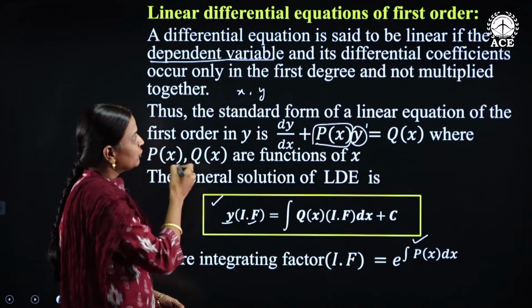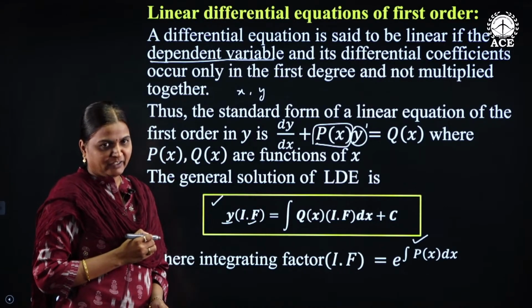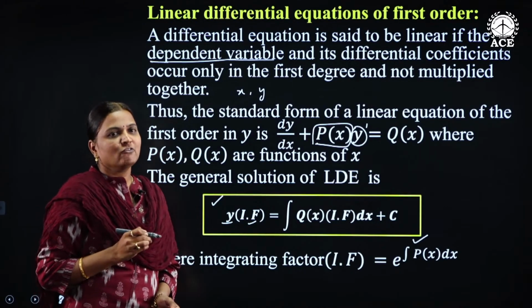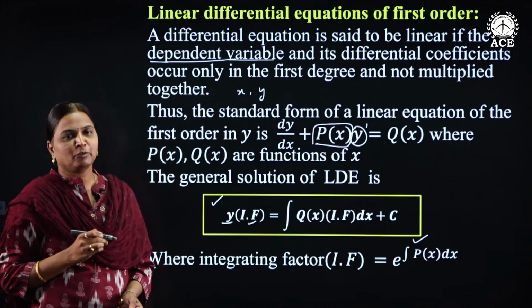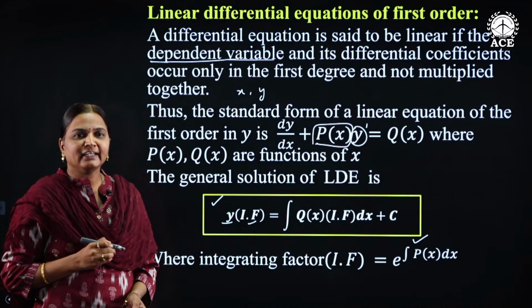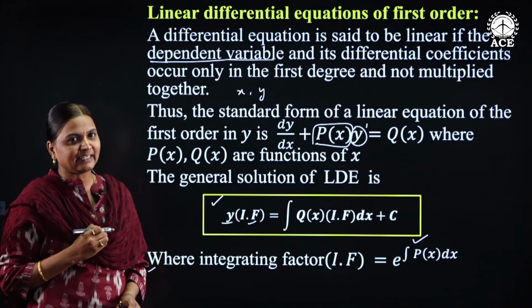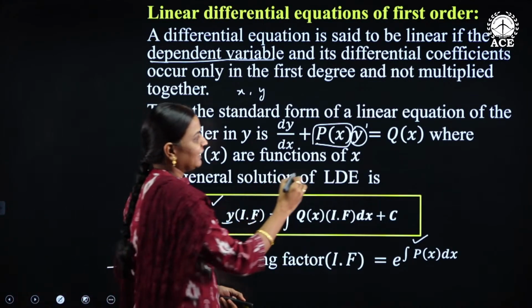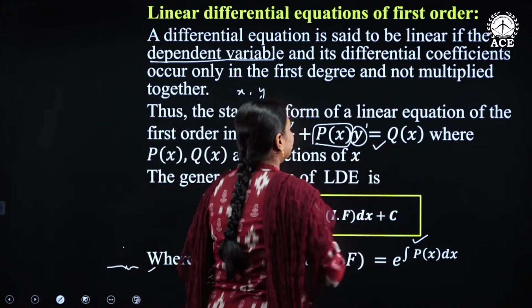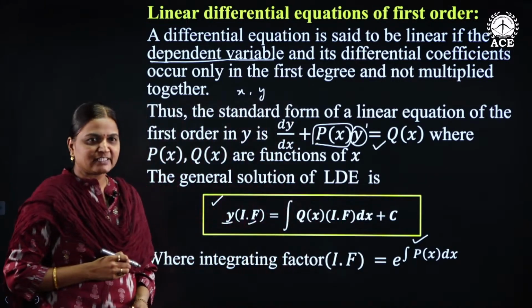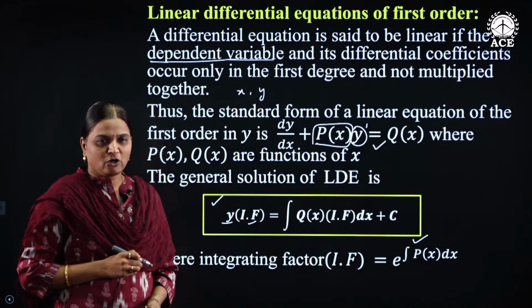So how to solve a linear differential equation? Just follow the 3 steps. First, identify the dependent variable. After identifying it, write the standard form. If it is linear in y, the standard form is dy by dx plus p of x into y is equal to q of x.